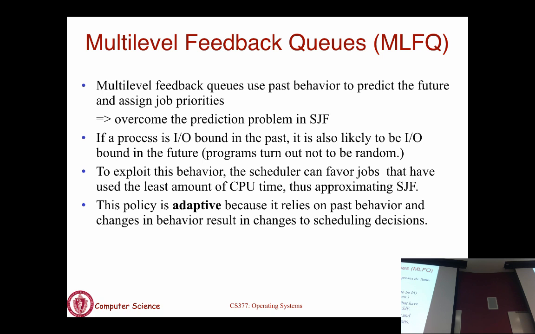Most programs actually behave similarly over some periods of time. So we are going to use the past as a predictor of the future. It is not going to be a perfect predictor, but it's going to be a reasonable approximation. Based on this observation, we'll come up with this new policy called MLFQ. But we are going to do that next time because we ran out of time. So we'll have this discussion on Thursday.